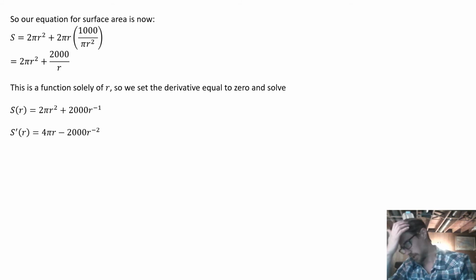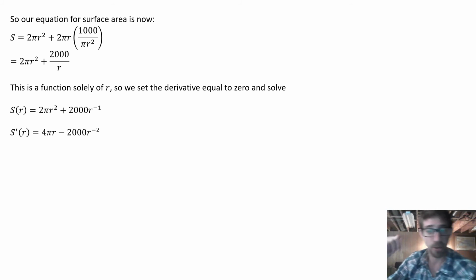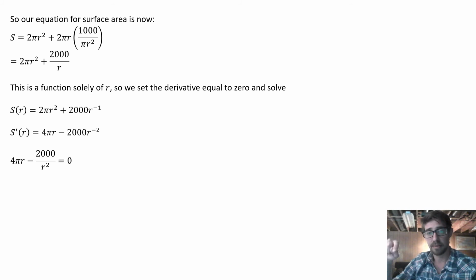Power rule says, okay, that 2 hops out front and multiplies by the 2, so it's 4 pi r. And then the negative 1 hops out front and goes down to a negative 2. So it's 4 pi r minus 2,000 r to the negative 2. And then we have to set that equal to 0 and solve it. So what I would do is put it back like that.